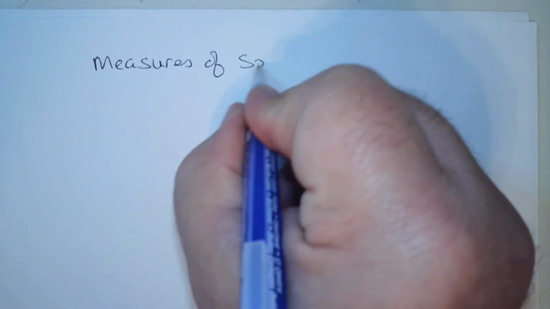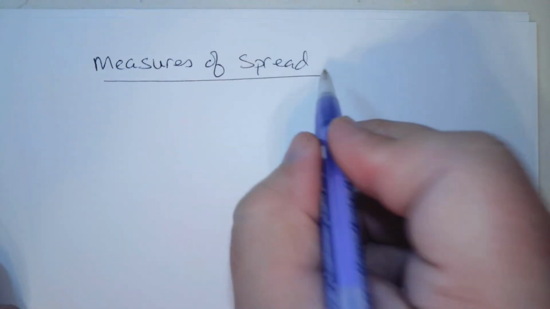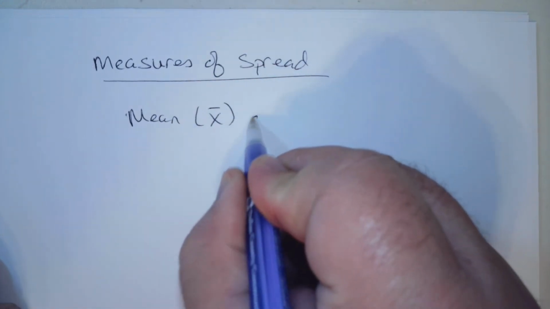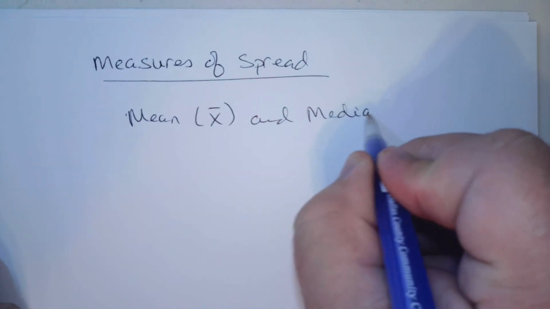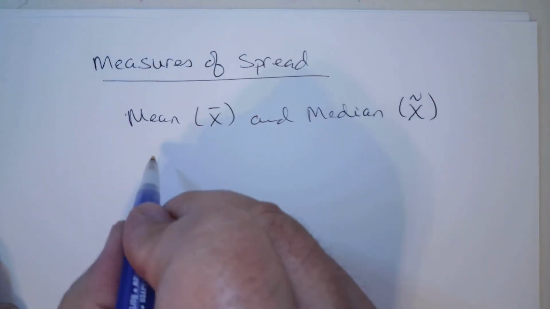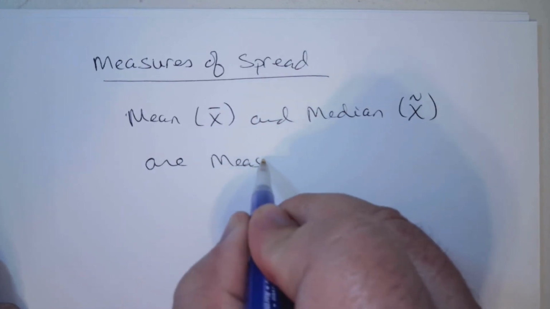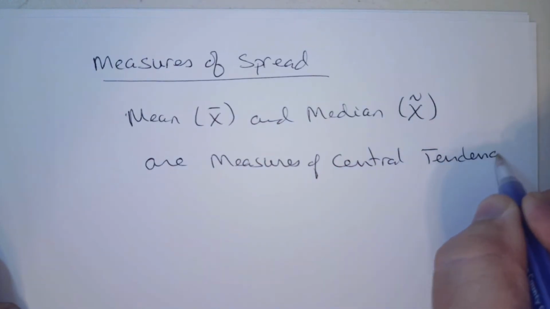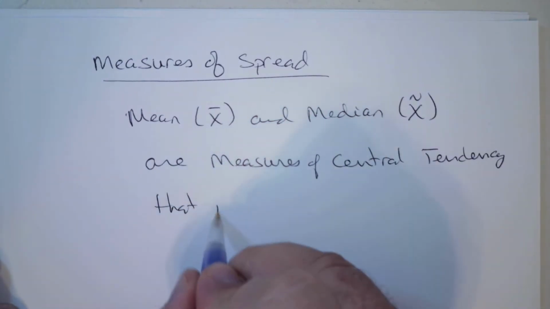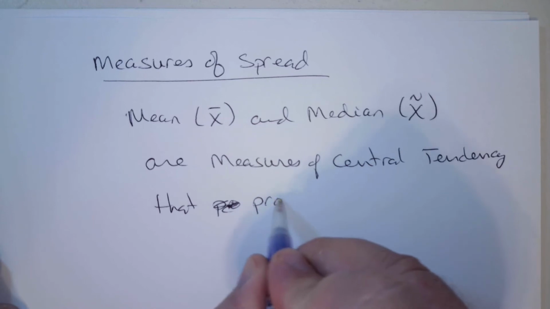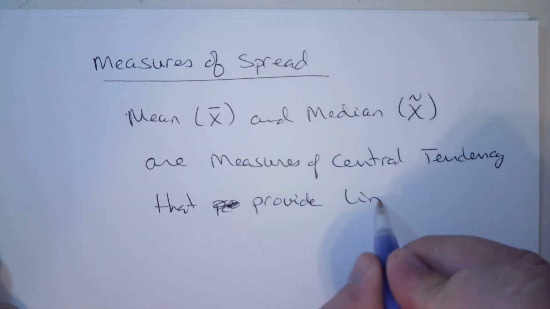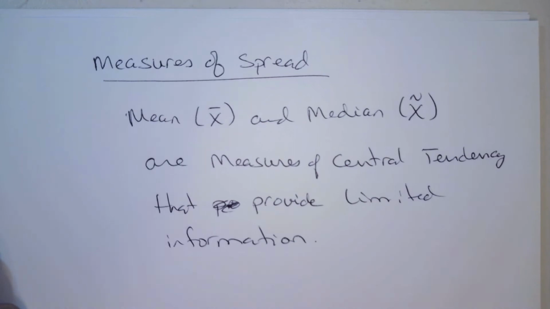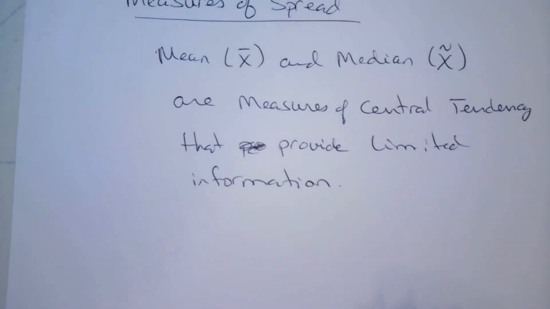Measures of spread. We discussed that the mean, x bar, and median, x tilde, are measures of central tendency that give us limited information. It just tells us one specific number.